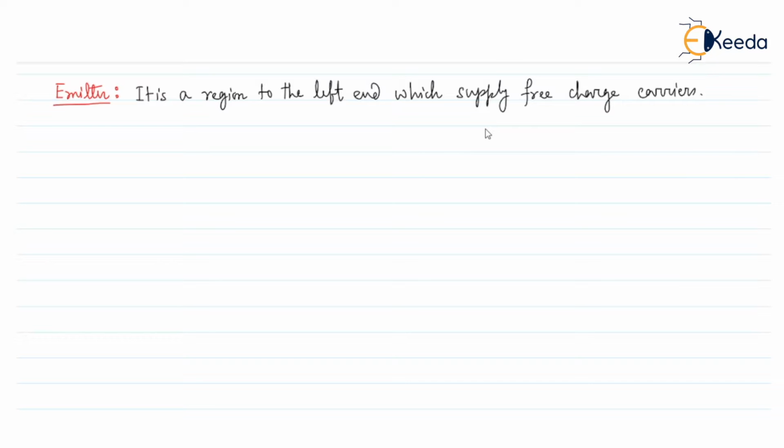For an NPN transistor the emitter will supply electrons, and for a PNP transistor the emitter will supply holes. These are the majority carriers of the emitter region, and these majority carriers are injected into the middle region, that is the base region.